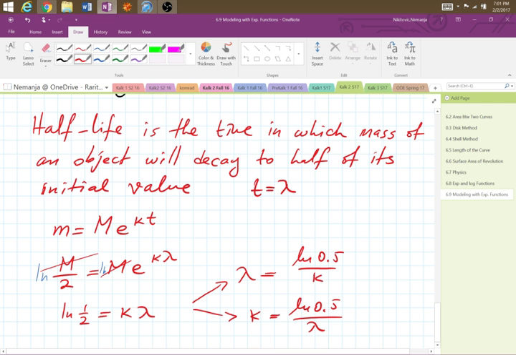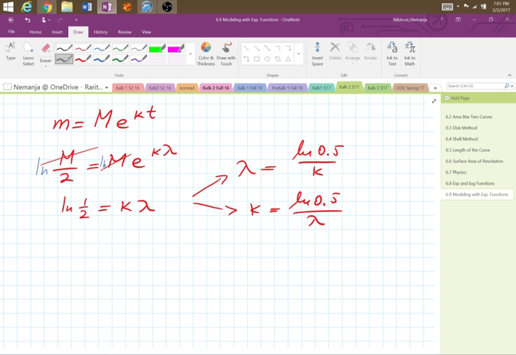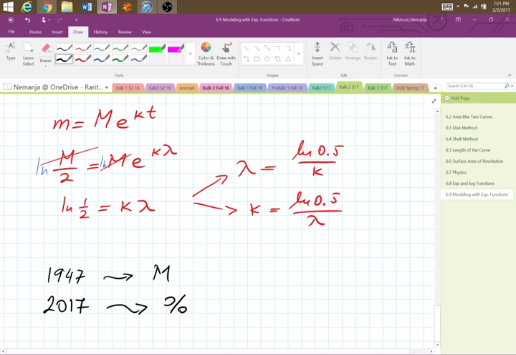All right, so let's do the problem. So what do we have? Let's say 1947, when everyone died, say, and we have a certain amount of thorium used, and then we are trying to see what is the percent of thorium-229 left.